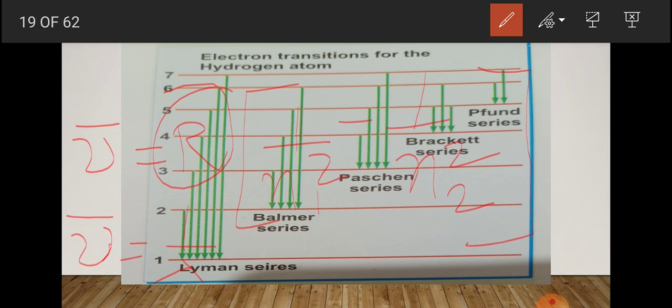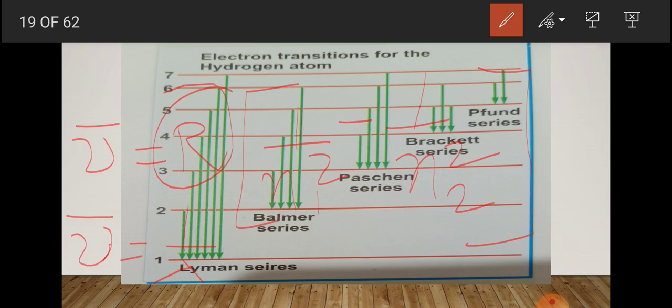Its value is 109677 centimeter inverse, or in meter inverse we can write 1.097 into 10 to the power 7 meter inverse. n1 and n2 are whole numbers. For a given series, n1 is constant but n2 varies.